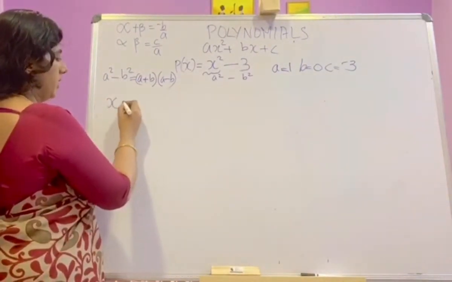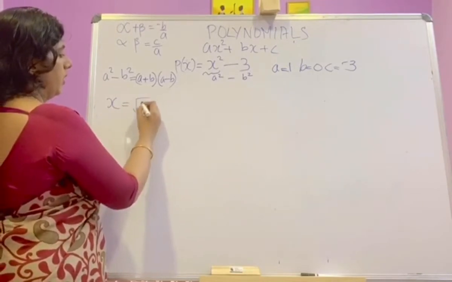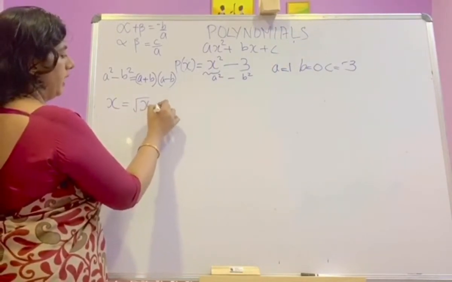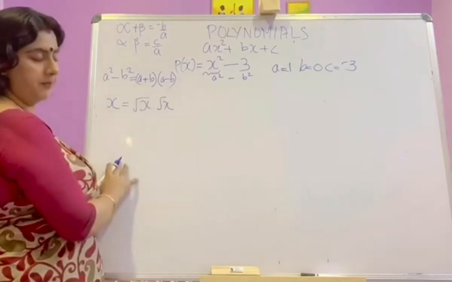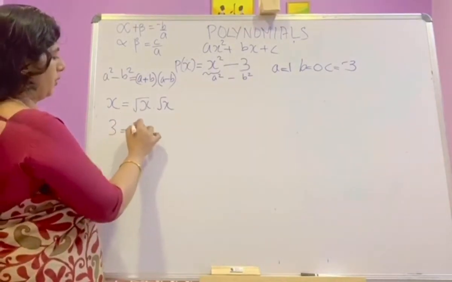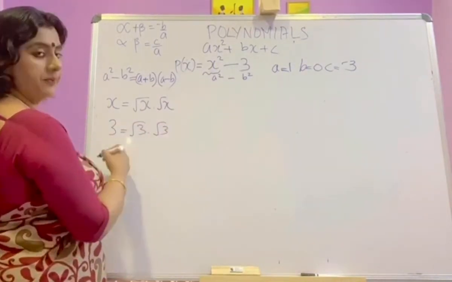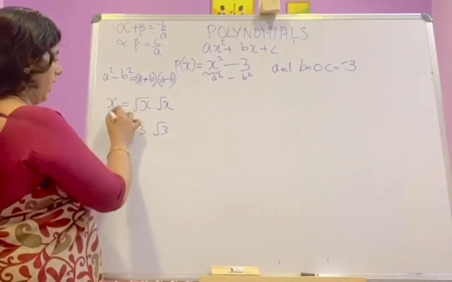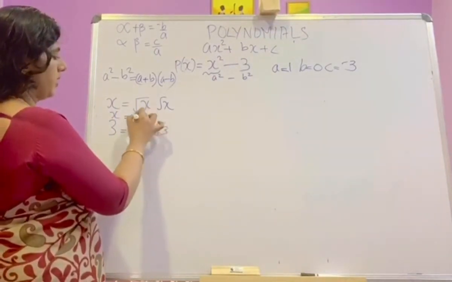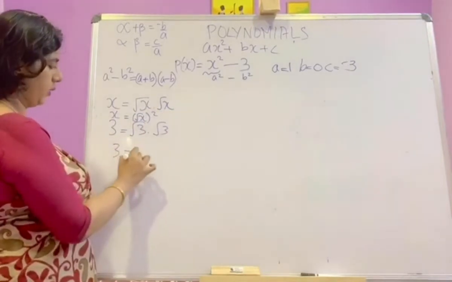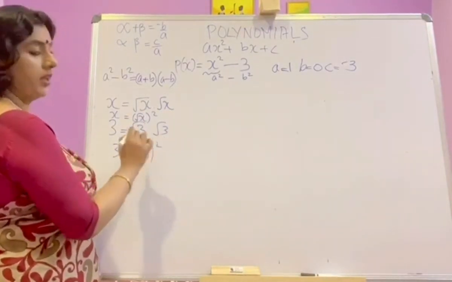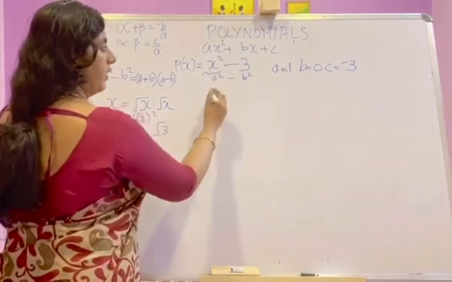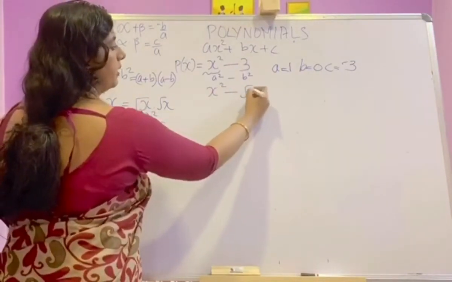Simply, a number is equal to root of that number into root of that number. That is 3 is equal to root 3 into root 3, just like x is equal to root x square. So 3 is equal to root 3 square.